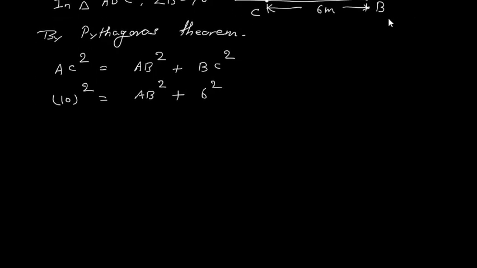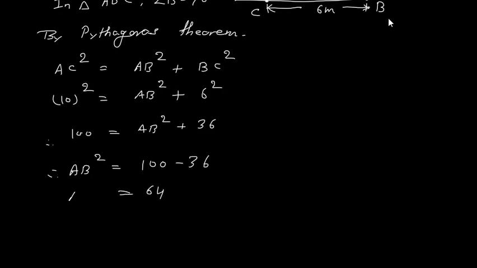So therefore 100 is equal to AB square plus 6 square, which is 36. So AB square will become 100 minus 36. 100 minus 36 is 64. So AB square is 64. So what is the value of AB? AB is 8, the square root of 64.